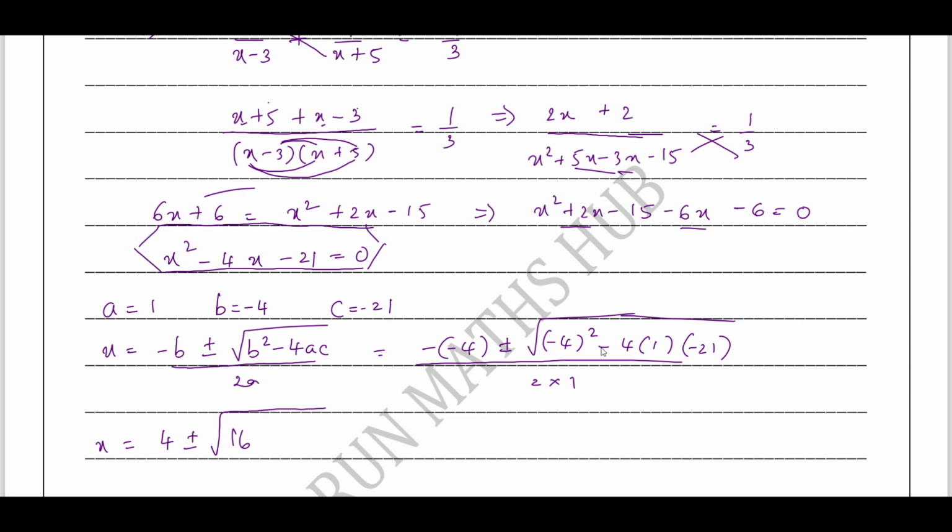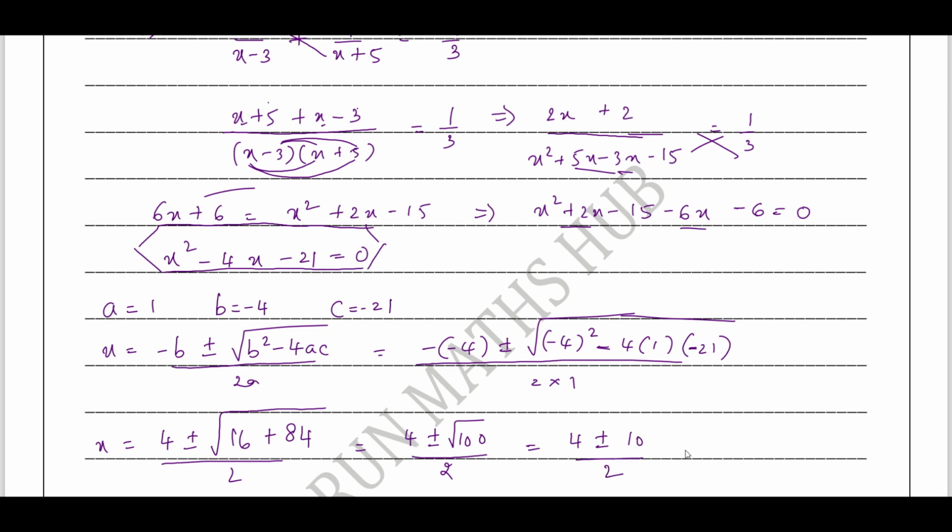Now minus into minus becomes plus. Now 21 into 4 is 84, divided by 2. Now 4 plus or minus square root of 100 by 2 equals 4 plus or minus, square root of 100 is 10, divided by 2.